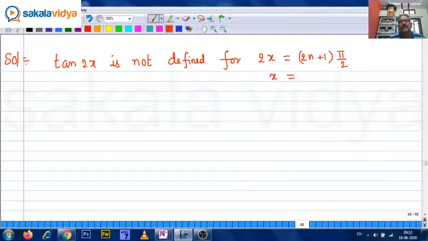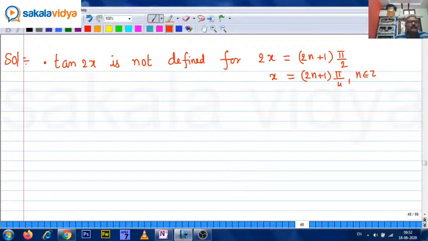That means x is equal to 2n plus 1 pi by 4, n belongs to Z. That means in the domain the function will not accept the values of x equal to odd multiples of pi by 4. This is to be deleted from the set of real numbers.